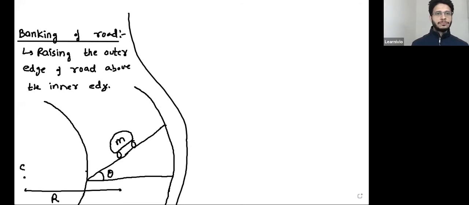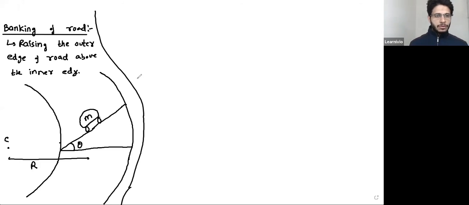And the car is rolling like this, obviously. The outer edge is a bit raised as compared to the inner. This is what we call banking.